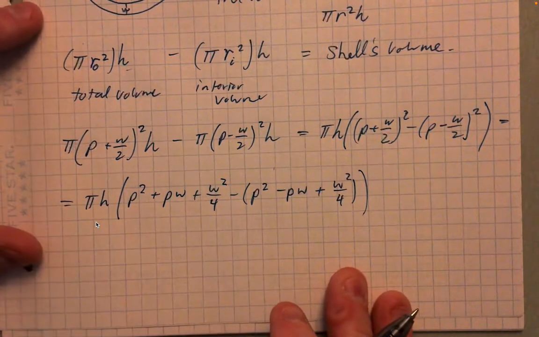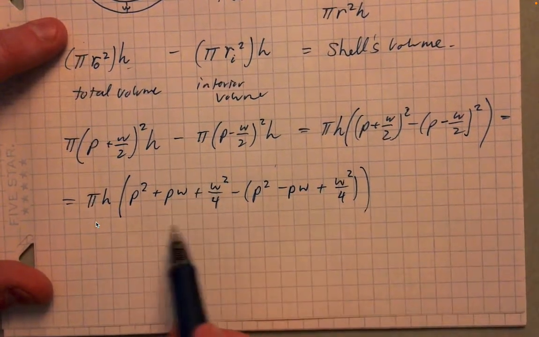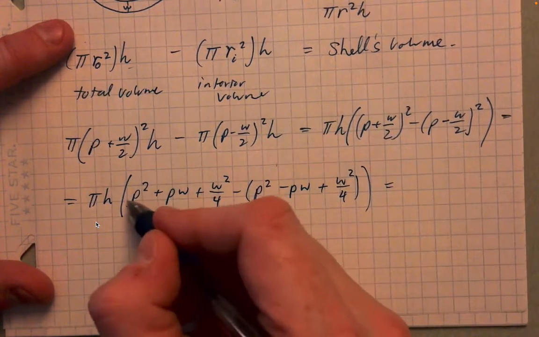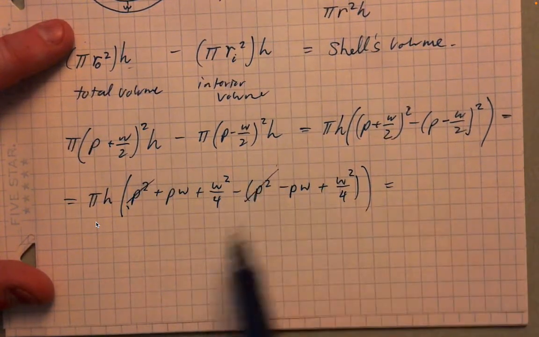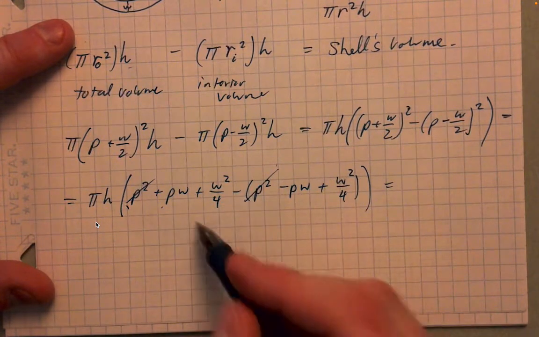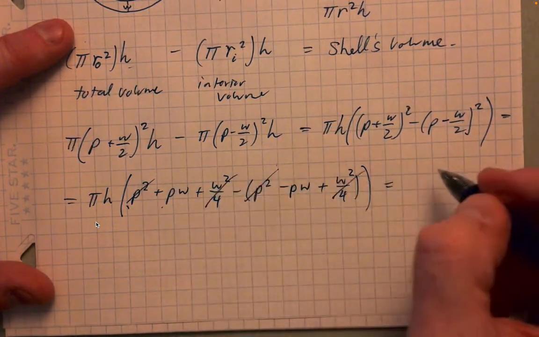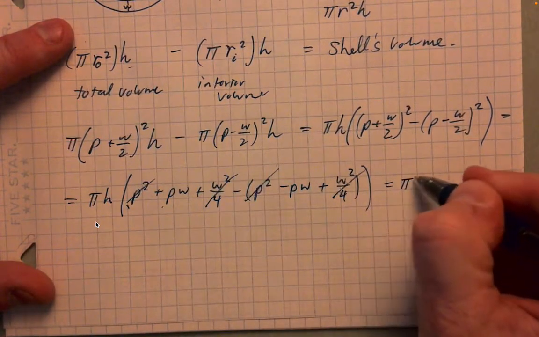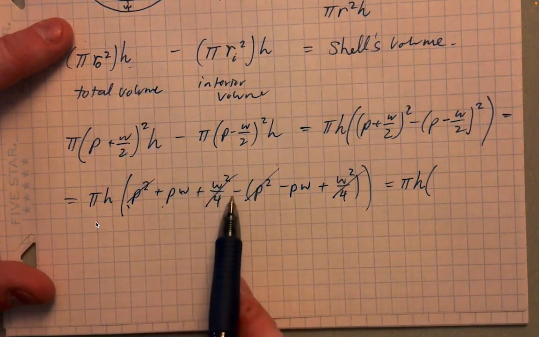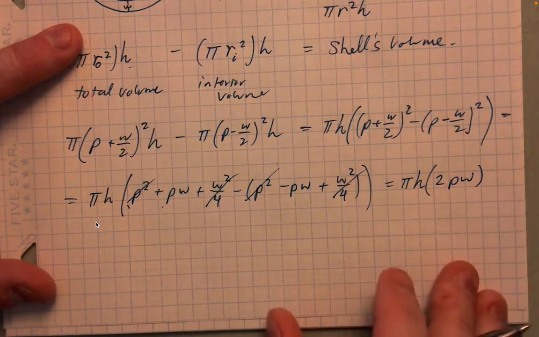Then, of course, we can combine terms here. You'll notice that a bunch of things drop out. The P squared minus P squared goes away. And then the W squared over 4 minus W squared over 4 goes away. What you end up with is pi times h on the outside, and then basically PW minus negative PW, so basically 2PW.